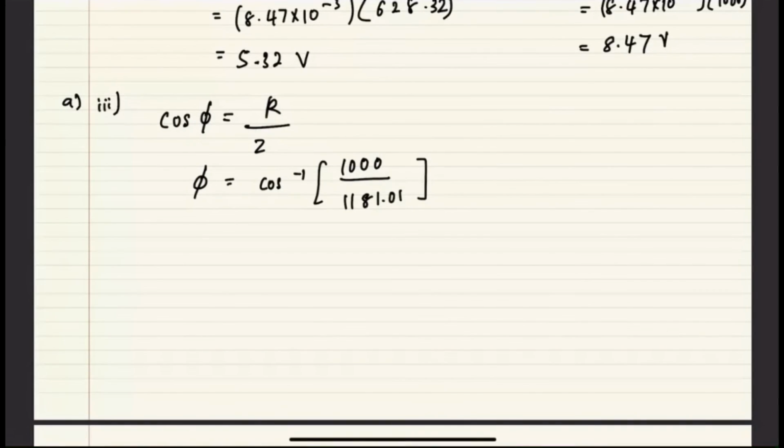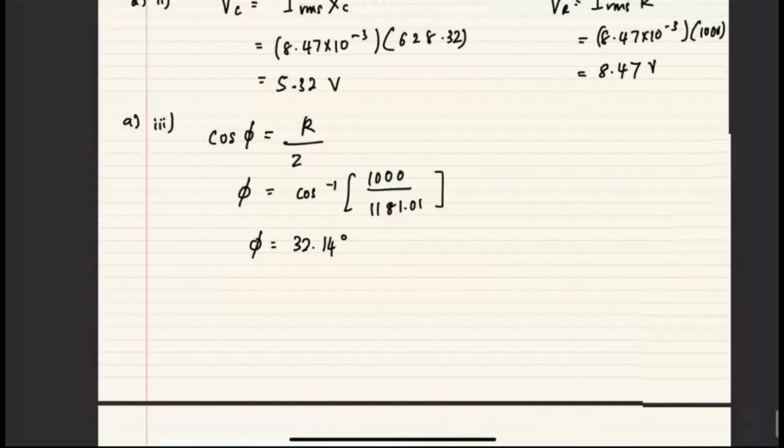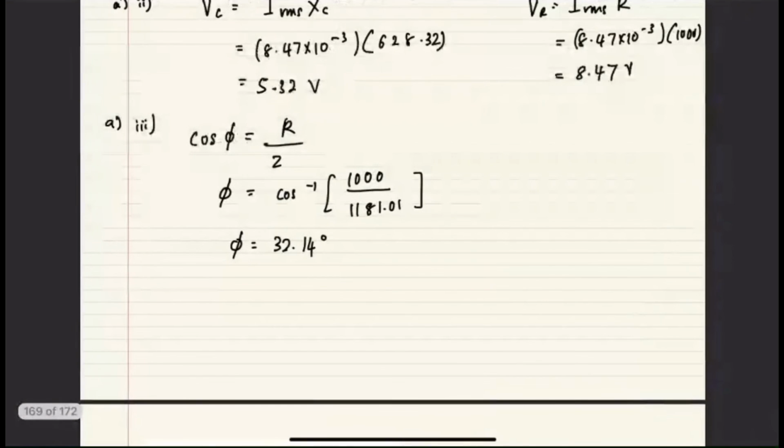Should cos inverse 1000 divided by 1181.01. I got this 32.14. Okay, degree. Okay, kalau radian maybe around 0.56 kot. So the answer might be slightly different because of the decimal point lah, tapi tak ada masalah.